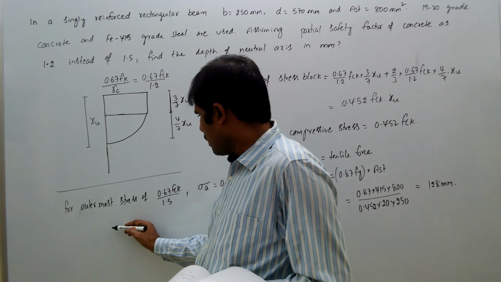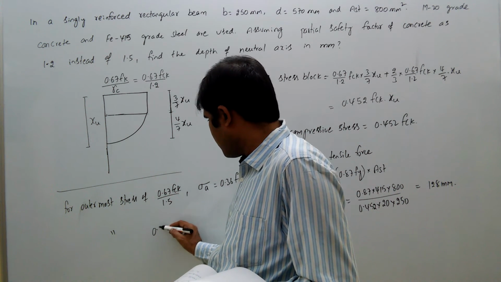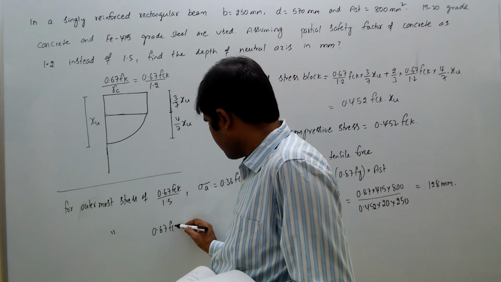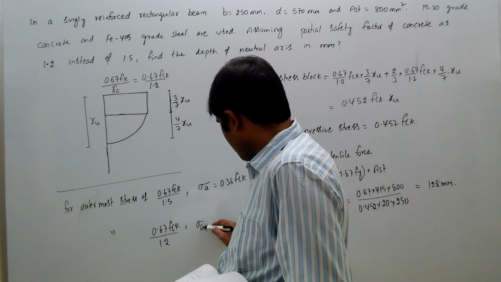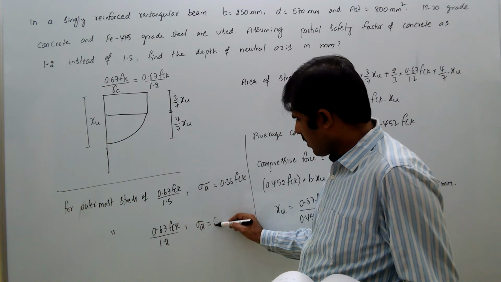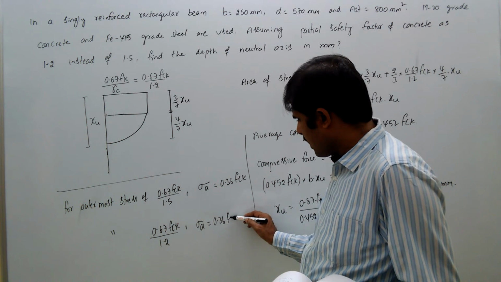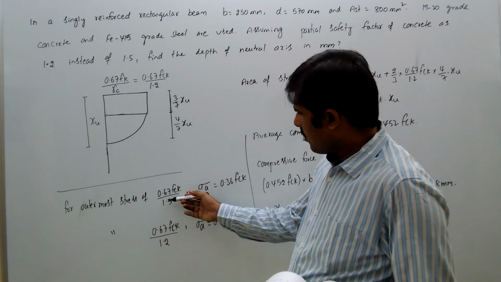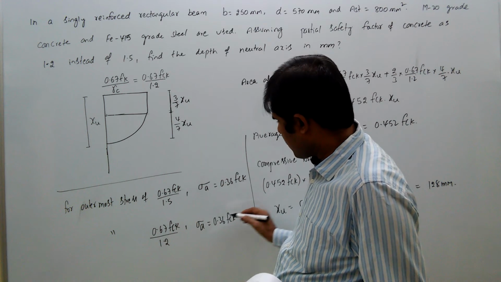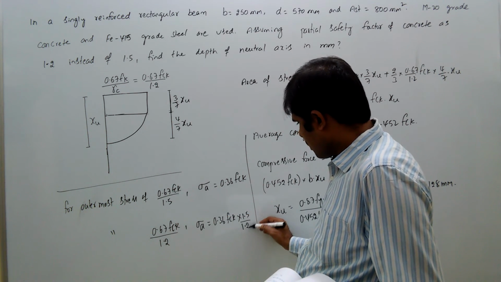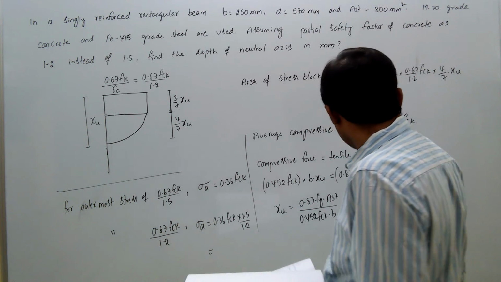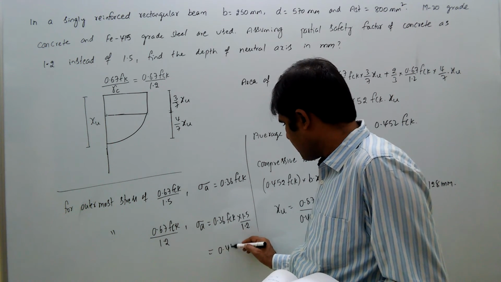Now for outermost stress of 0.67 FCK by 1.2, the average stress, directly we can do like this: 0.36 FCK. We don't want this 1.5, that's why into 1.5 by 1.2, that is equal to, directly we will get 0.452 FCK.